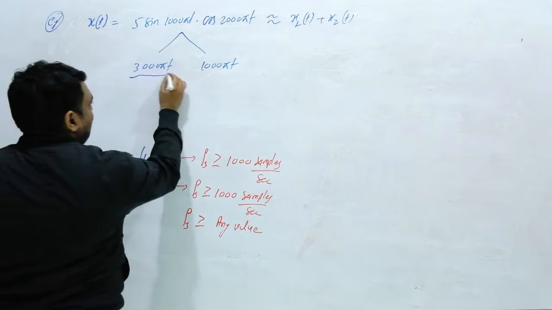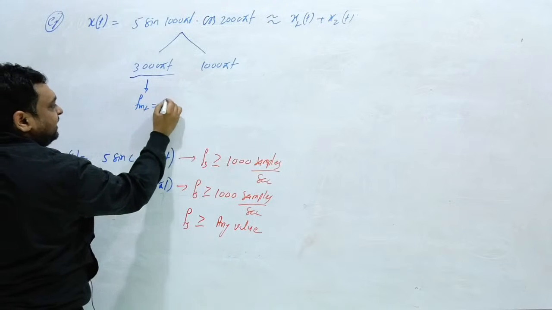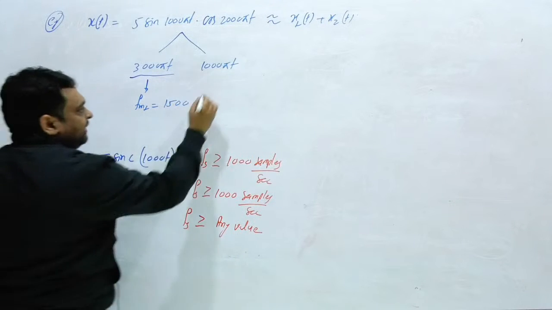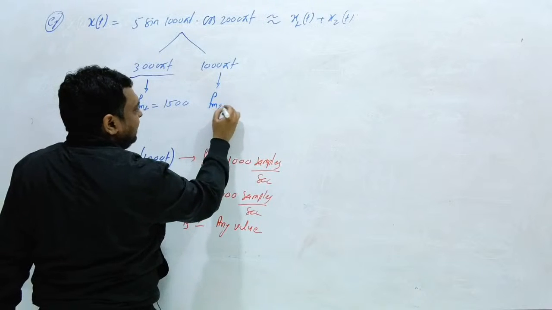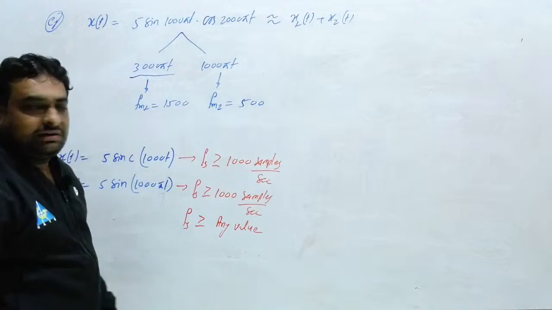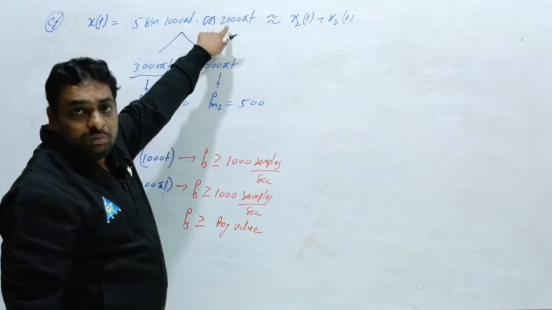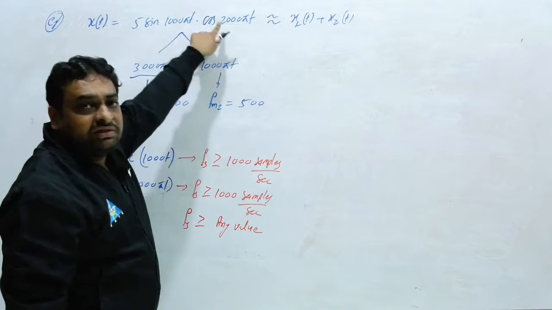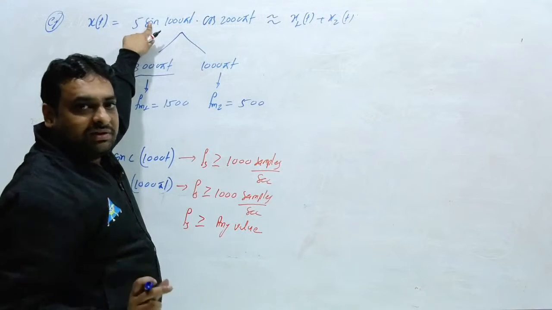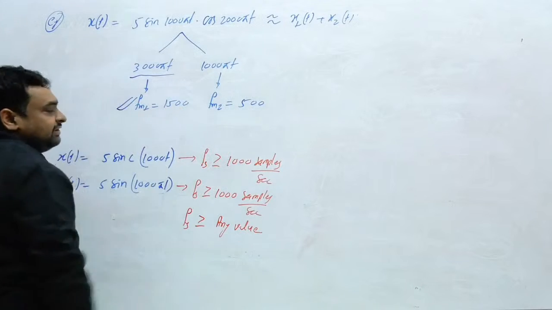So 2 pi, what is FM1, you can say here 1500, and the second message frequency FM2 you can say here 500. So you can write 2 pi into 500, 2 pi into 1000, 1000 plus 500 and 1000 minus 500. Two frequencies you will get, 1500 and 500, of which the maximum is 1500.